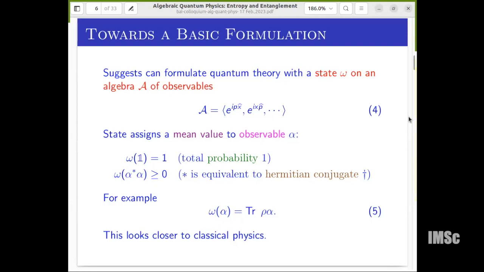So meanwhile, for example, an operation like alpha, we take the trace of rho times alpha. So rho is how I'm representing the omega. You may challenge me: how do I know there is a rho? There are two answers, but we will actually find the analog of the rho in a minute, purely intrinsically. But I learned only a few days ago that there is actually a theorem due to who?